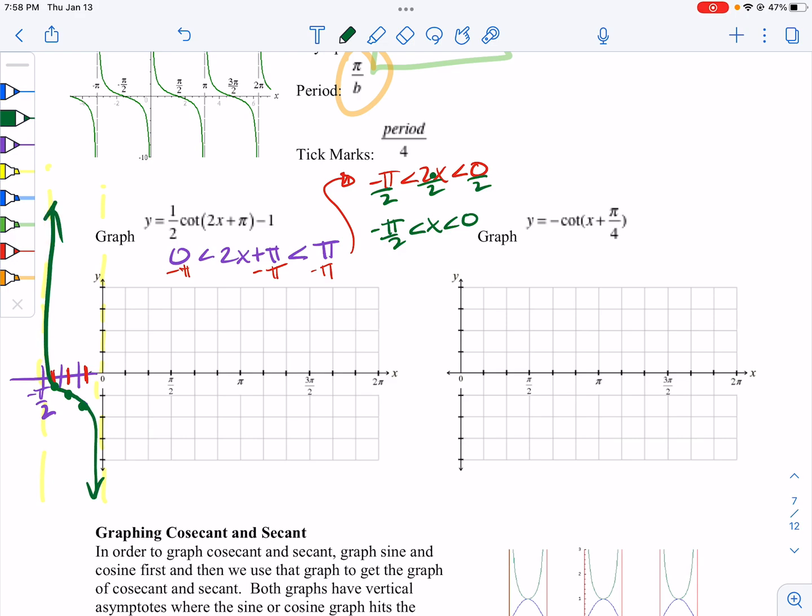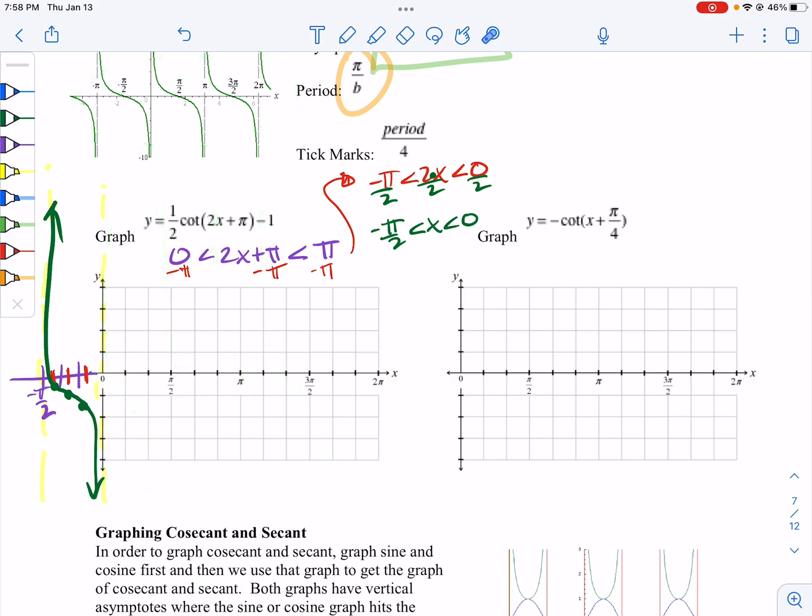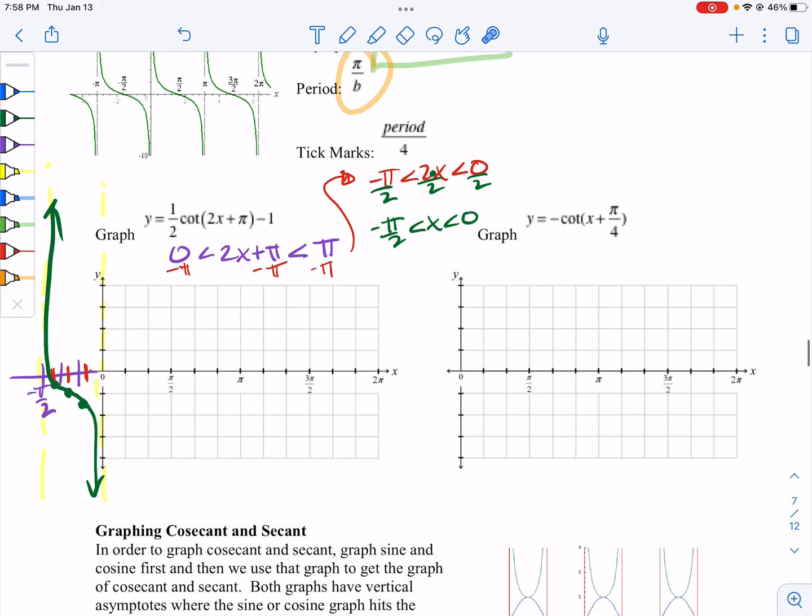I'm going to have something that looks like that for our cotangent graph. Again, it's cyclical, so it repeats itself, but I only care about one period, so you don't need to graph multiple ones.